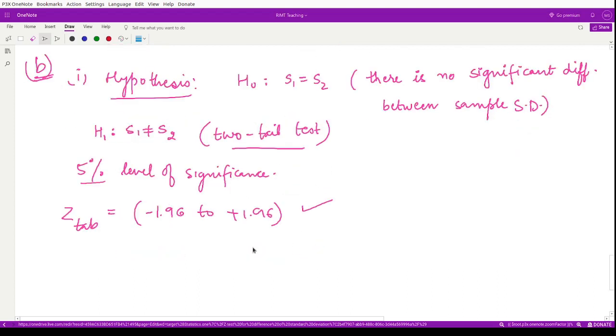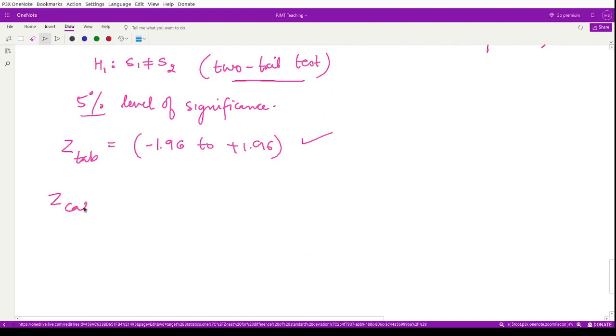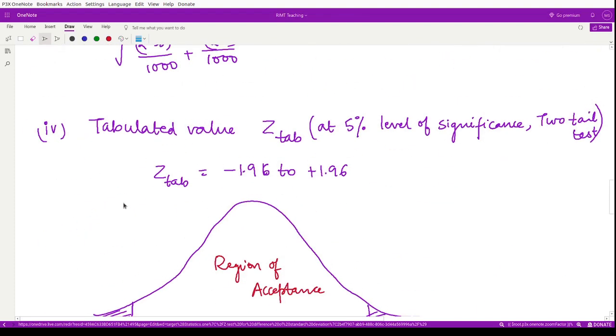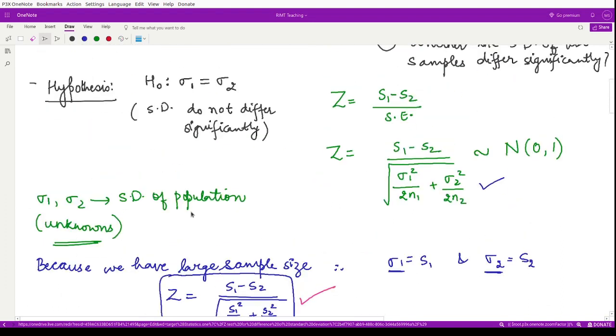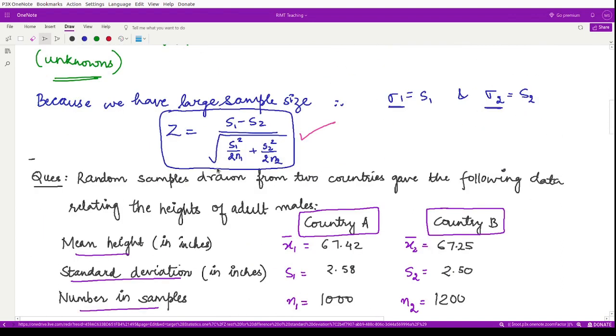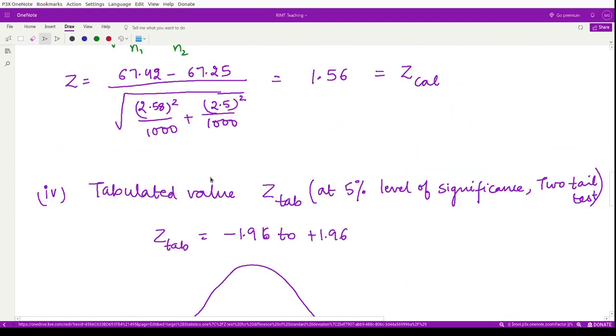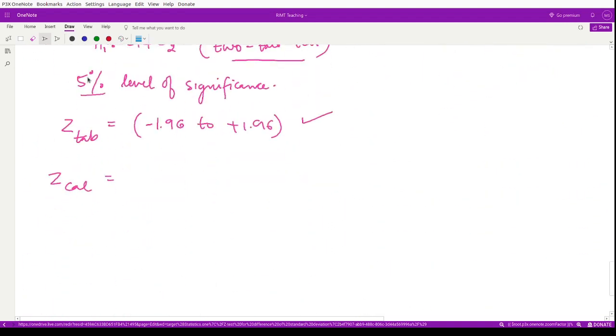So now let's calculate the Z statistic in this case. The formula here is S1 minus S2 divided by square root of S1 square by 2n1 plus S2 square by 2n2.